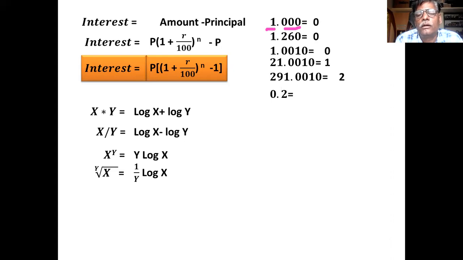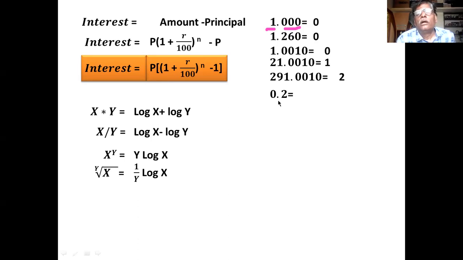You see here, the decimal point is there. After the decimal point, there is a number, that is 2. 0.2 is there. After the decimal point, is there any zero? No zero.